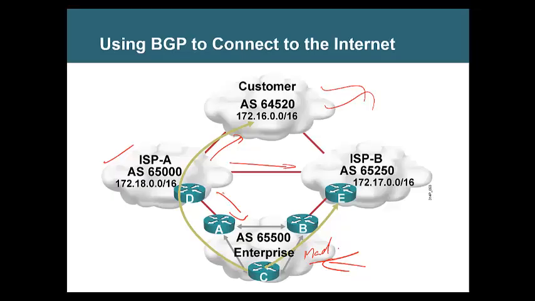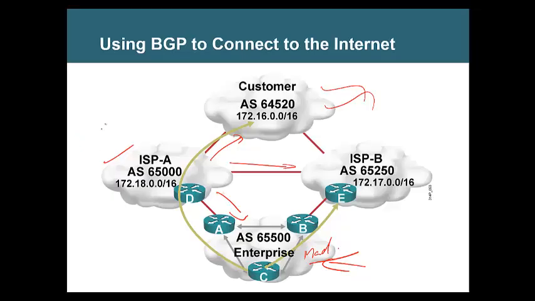So if you see, the customer is also connected to multiple ISPs, so that without any downtime, the customer can be reached by the enterprise and vice versa. Not only that, ISP is also connected to many other ISPs and customers and enterprises. ISP A is also multi-homed.